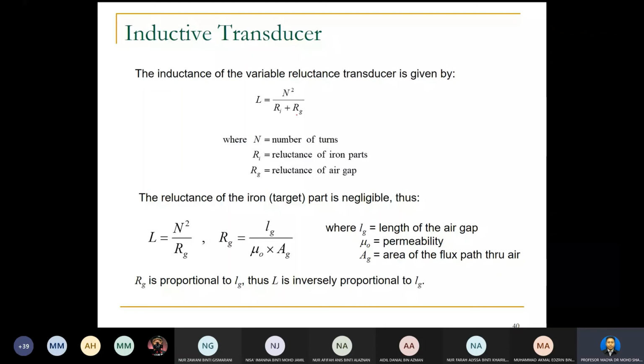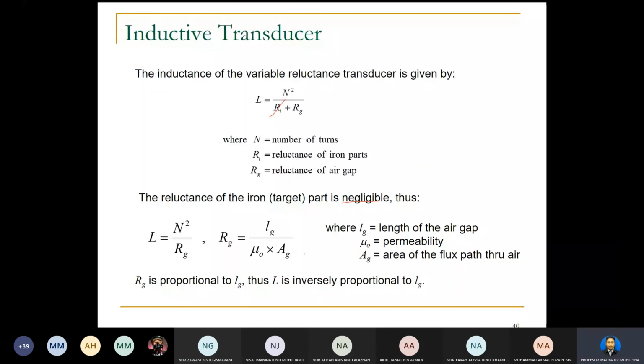Because it is negligible, the inductance will be N to the power of 2 divided by Rg, the reluctance of the air gap. To calculate the reluctance of the air gap, we use this formula: length of the air gap divided by permeability multiplied by the area of the flux through the air.